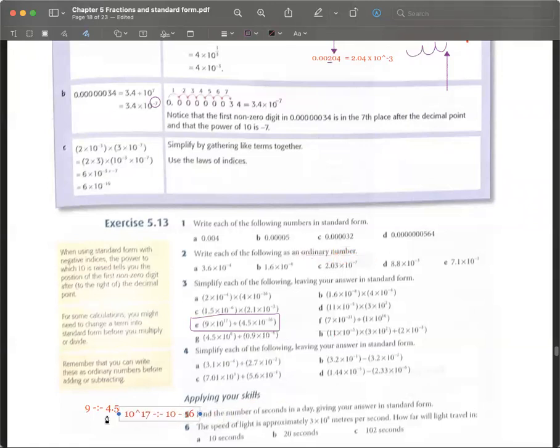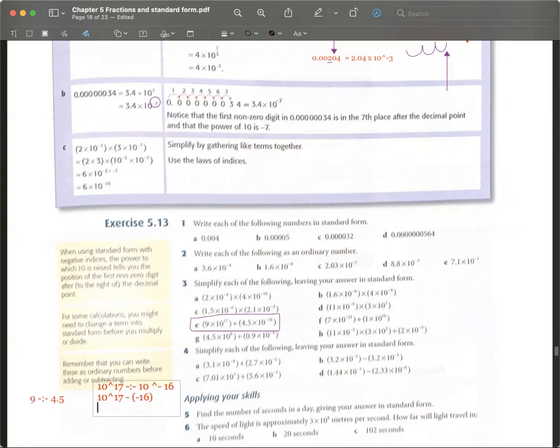If you follow the law of indices here, division is minus. So for the power, we will do a minus. So 10 to the power of 17 minus -16.